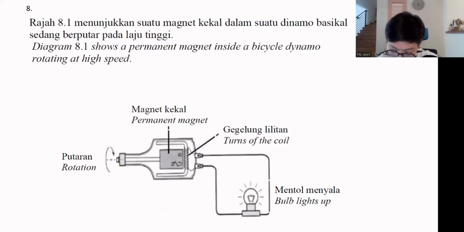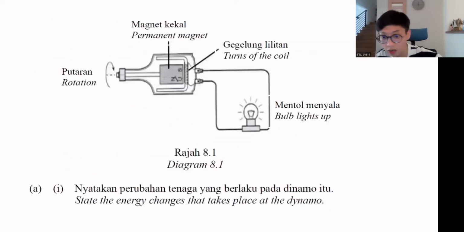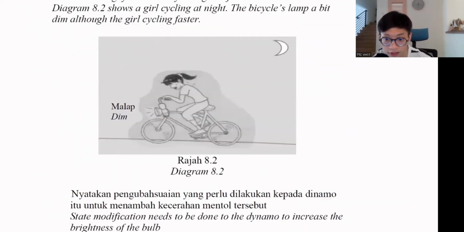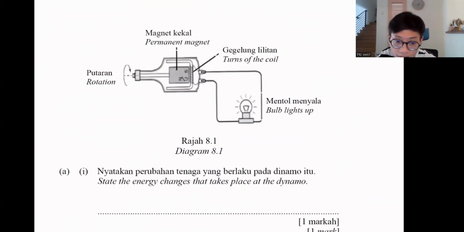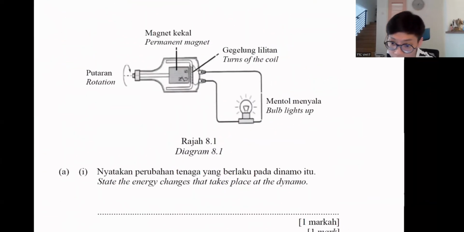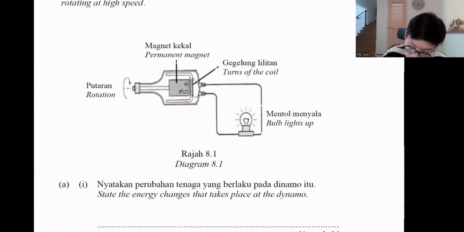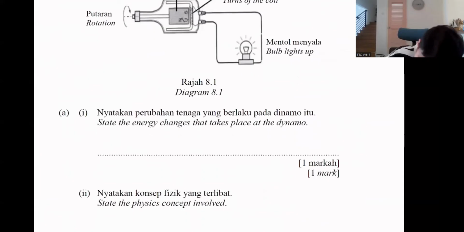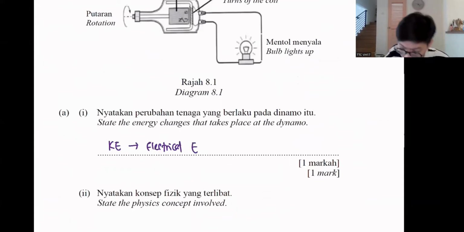Now, question number 8 here talks about a dynamo. So what takes place in the dynamo? It's usually when you ride your bicycle, because it's that bicycle dynamo. So usually your kinetic energy becomes electrical energy. Do I need to write light energy?